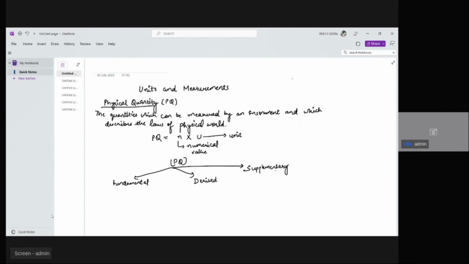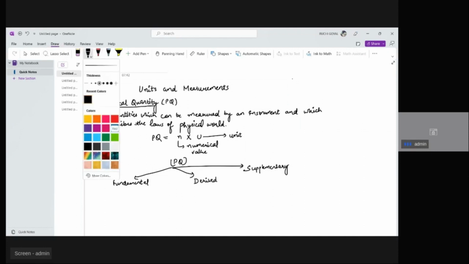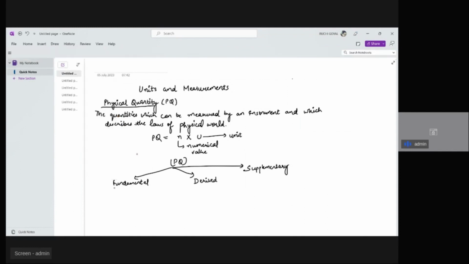We will see them one by one. First we have fundamental quantities, second is derived physical quantities, and third is supplementary physical quantities.